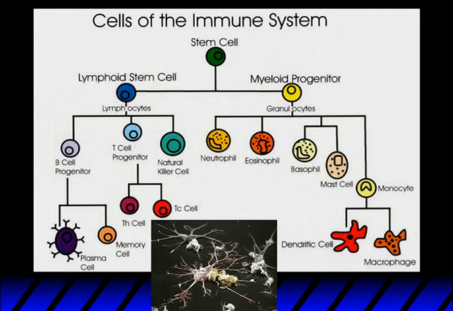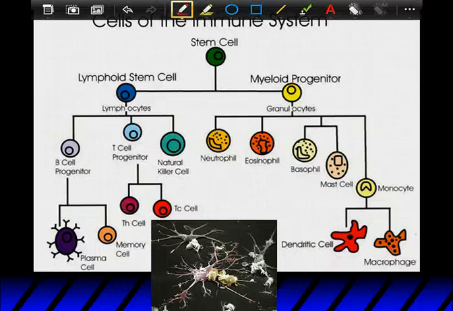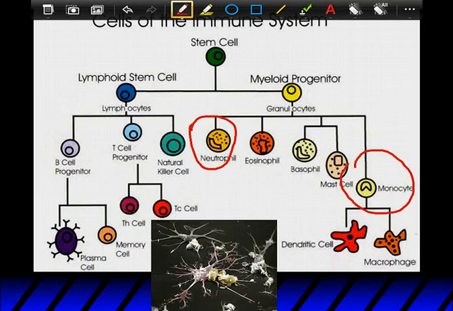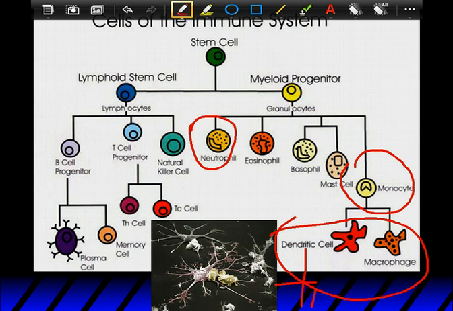Here's a layout of the different cells involved in immunity. So we've talked a lot about these. Here are the neutrophils and the monocytes. Look at these 2 that derive from monocytes. These are out in tissues. You're going to hear much more about them coming up. Mast cells, you're going to hear about in inflammation, also involved in immunity.